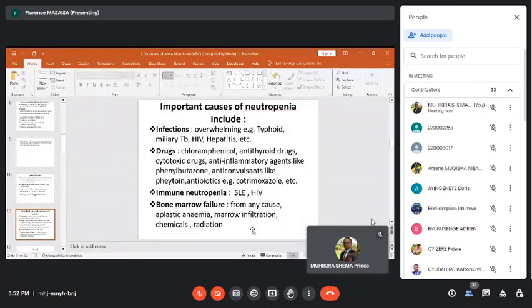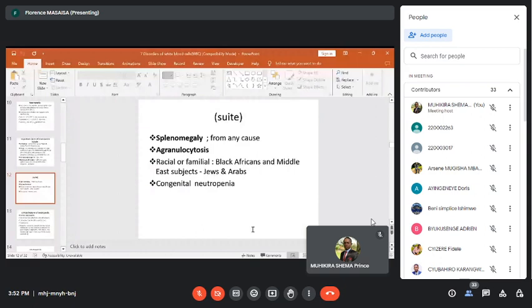This may also affect neutrophil production. Splenomegaly from any cause. Agranulocytosis, where most of the granulocytes will be decreased. Then you have familial neutropenia, where you may see family members with decreased neutrophils without any other issues.